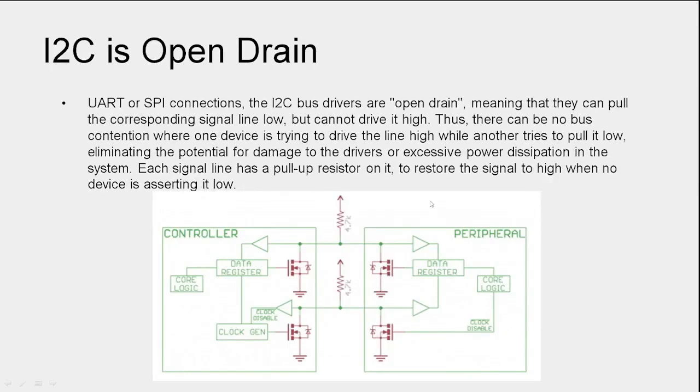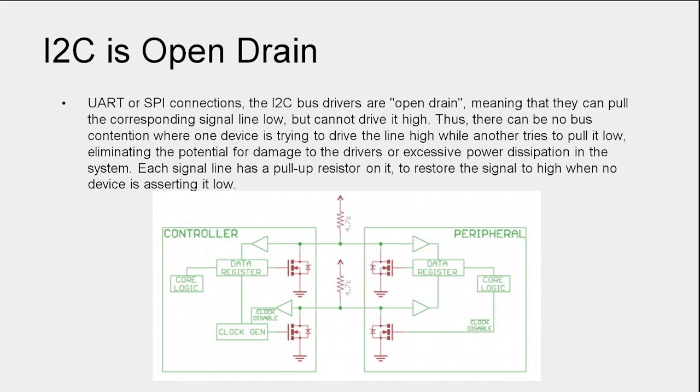I2C is open drain. Open drain means devices can pull the corresponding signal line low, but cannot drive it high. By default, the line will be high, and whenever a device wants to send a signal, it will drive it low. So that's open drain.